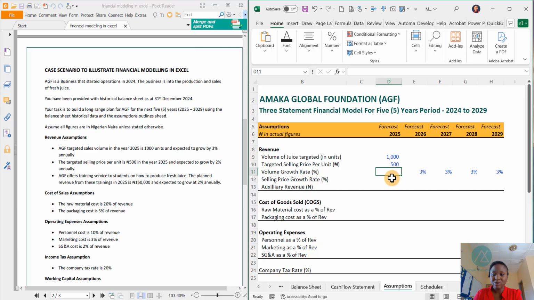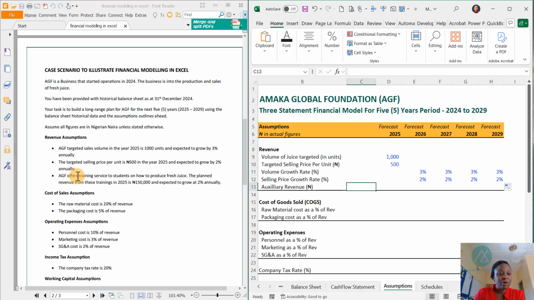So meaning that in 2025 it's 500 Naira we are targeting to sell, but subsequently it will be growing at 2% based on the previous selling price. So put the 2%. As I stated, I have formatted that. Control R is supposed to copy to the right, but I don't know why it's not copying, so you can just select and copy downwards. All right. So let's continue.